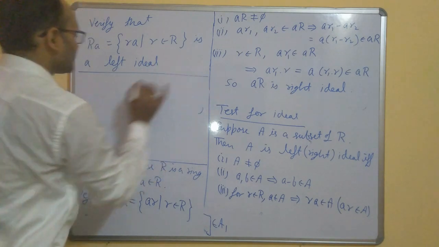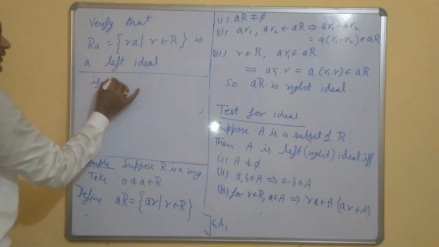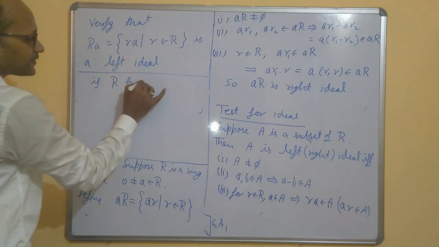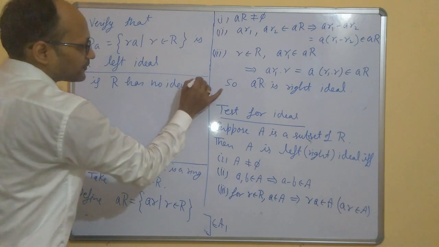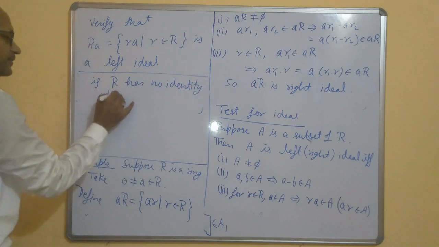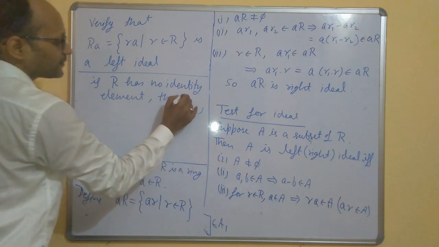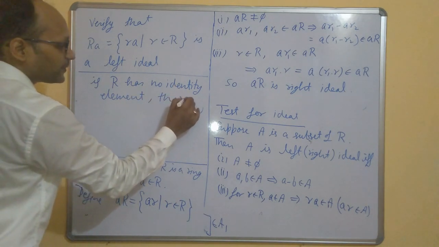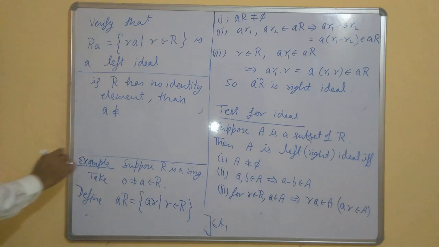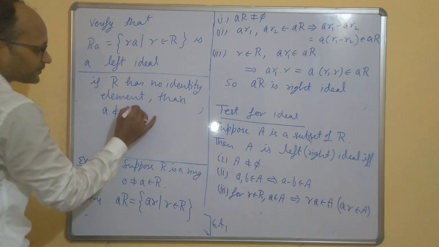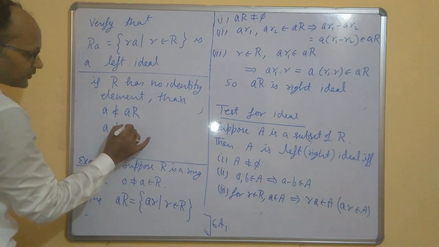Now note one thing, that if R has no identity element, then what may happen is that A may not belong to AR and A may not belong to RA.